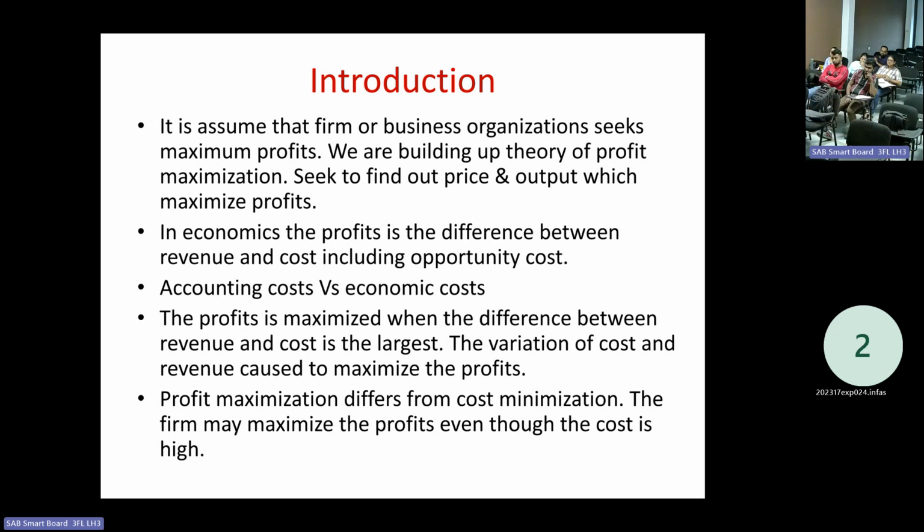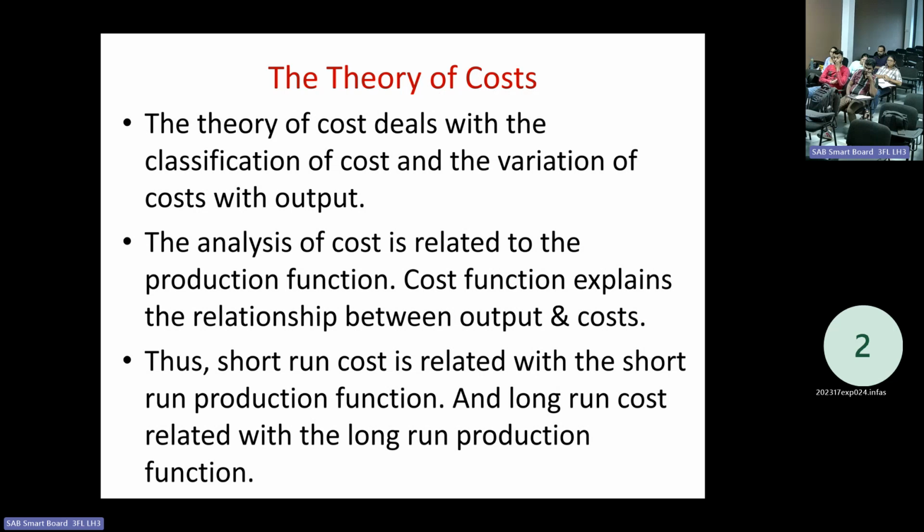Okay, so now let's go to the cost. Basically, the theory of cost deals with the classification of cost and the variation of the cost with the output. When we reach a given output level, when we make the production, we need to incur cost. But cost depends on the output, because the cost function explains the relationship between the cost and the output.